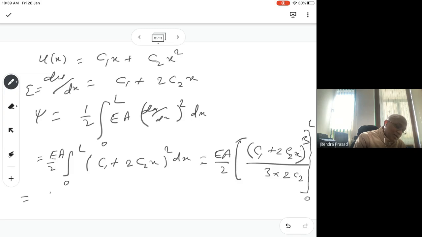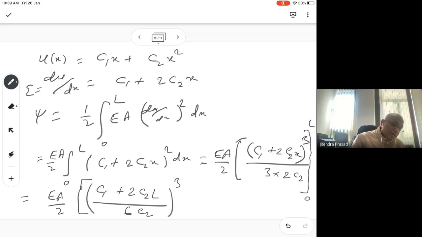Equal to EA over 2, and then we put the value of L first. So we get C1 plus 2C2L over 6C2, cube of that, right?